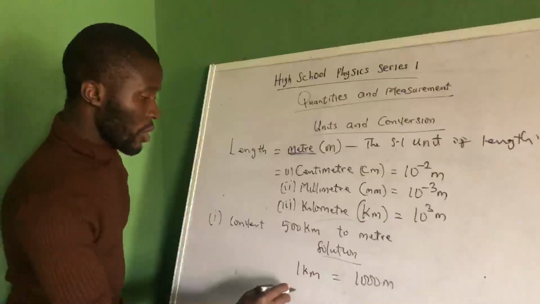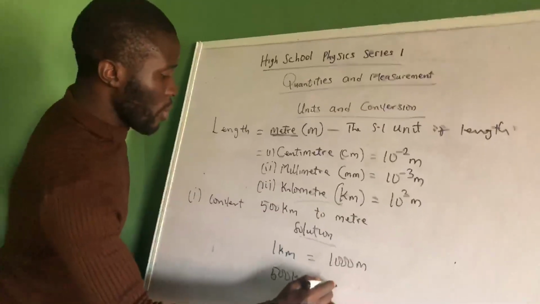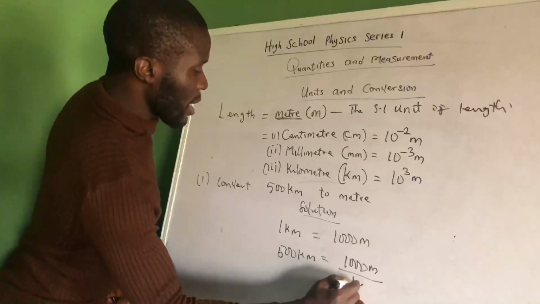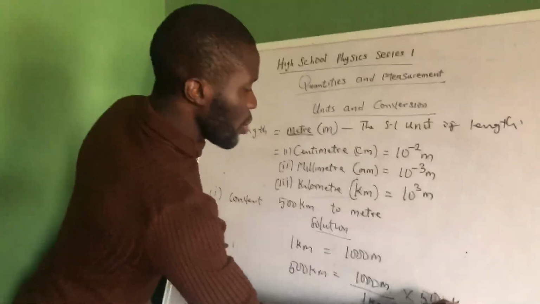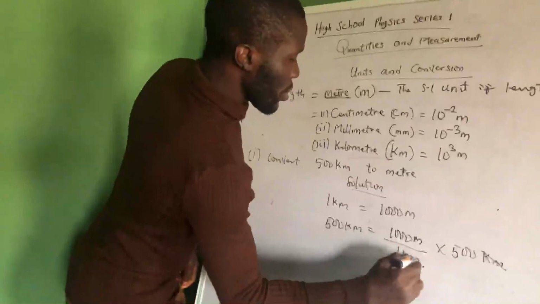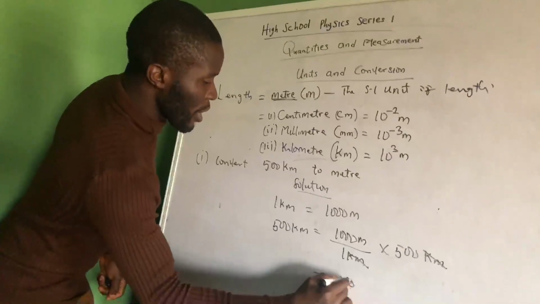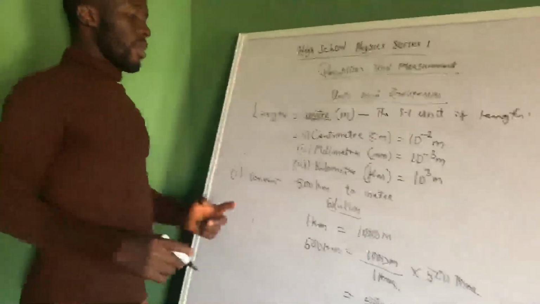Now, 500 kilometer will be 1,000 meter over 1 kilometer times 500 kilometer. You see this cancels this. So 500 times 1,000 is 500,000 meter. That is how you convert that.